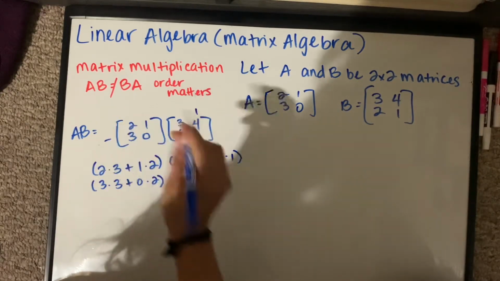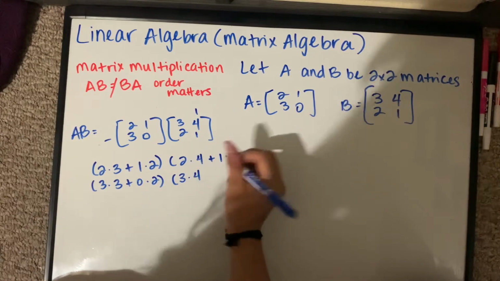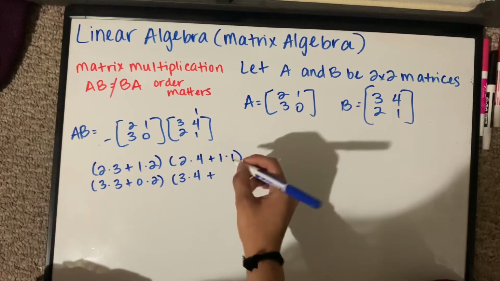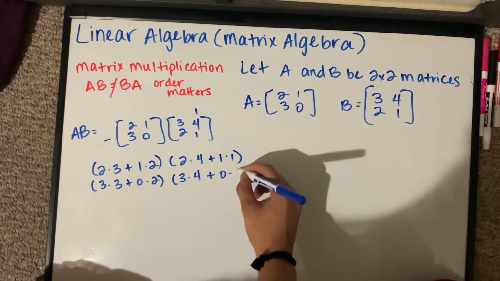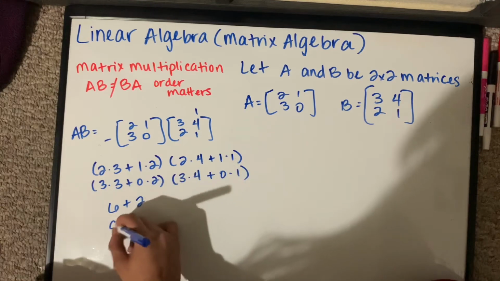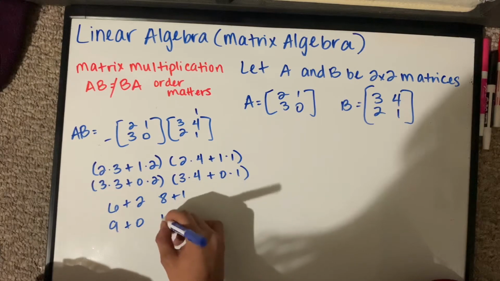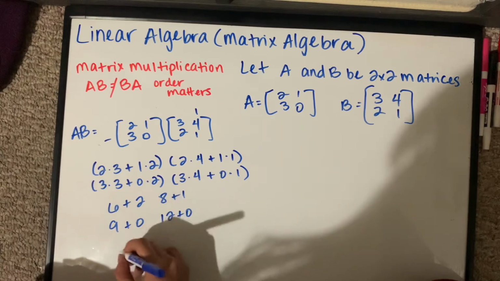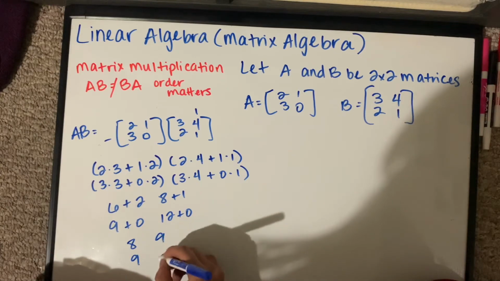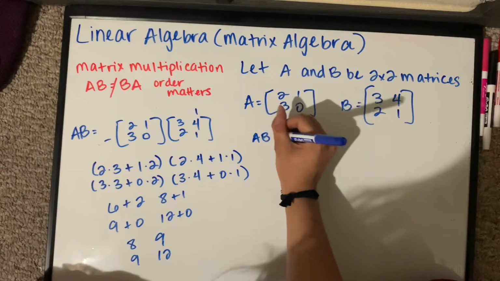So I do it a certain way, you might do it a different way. Everybody is different. So here we get this, and then we end up with this. So that's going to be our product matrix AB.